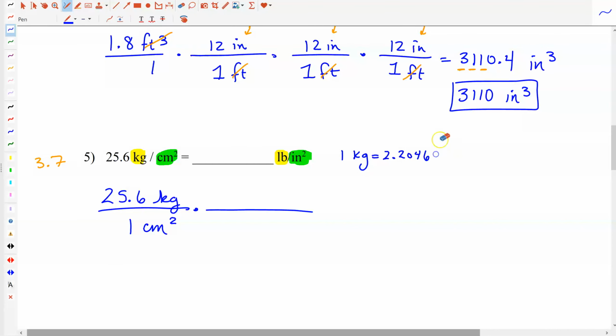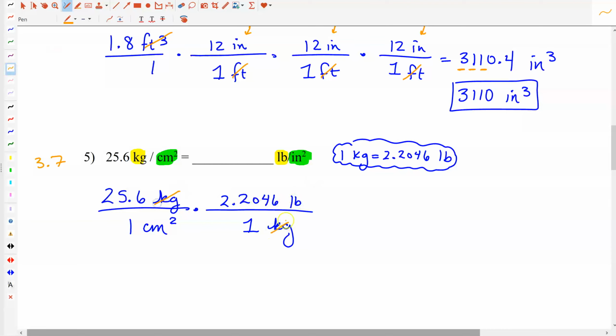So this conversion factor has an accuracy of 5 significant digits. All right, so this is the conversion factor I'm going to use. Kilograms is what I'm trying to get out of, so it's going to go on the diagonal of where it is. And then I'm going to relate my conversion factor. I've got 1 kilogram is equivalent to 2.2046 pounds. The kilograms on the diagonal are going to cancel, and now I've got pounds in the numerator, which is what I want, so I'm good there.